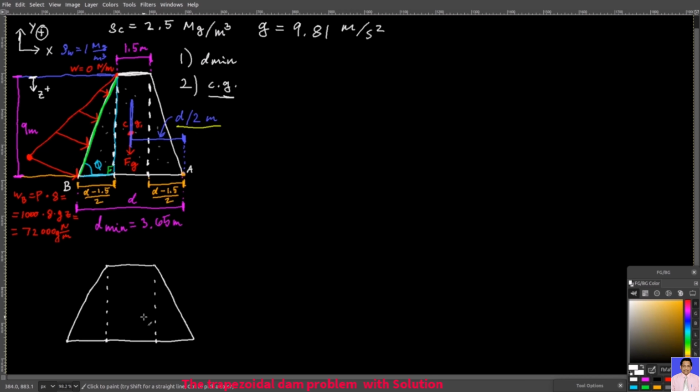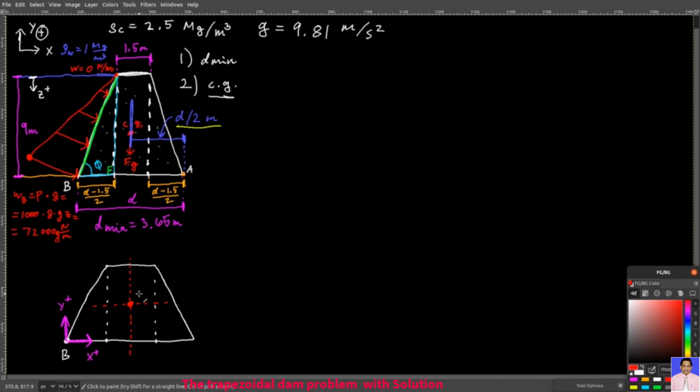We can divide this cross-section into 3 parts, 2 right triangle parts and 1 rectangular part. The centroid for the rectangular part is easy. Due to symmetry, it's in the middle of the rectangle. Now let this point B here be the origin of the coordinate frame from which we measure our centroids.